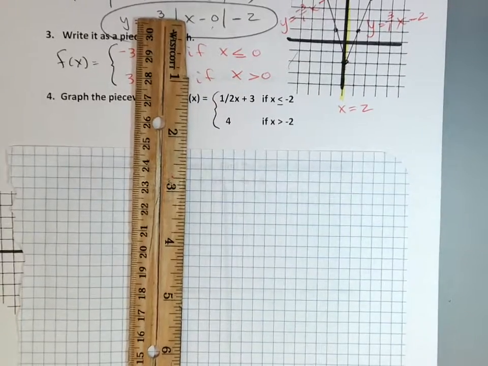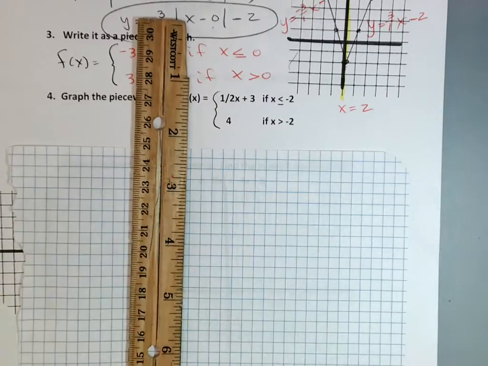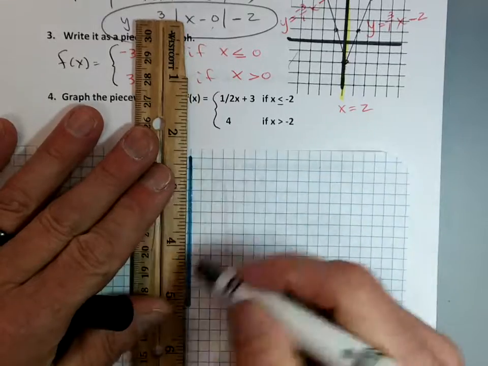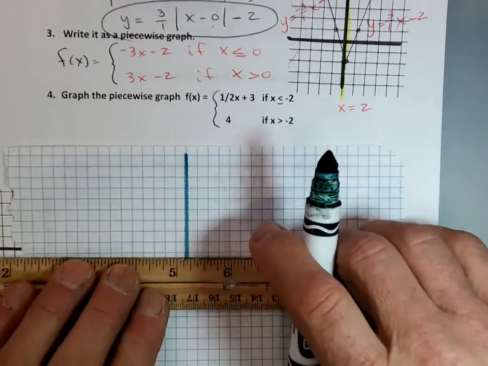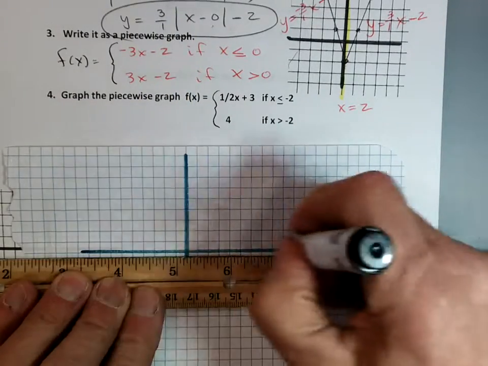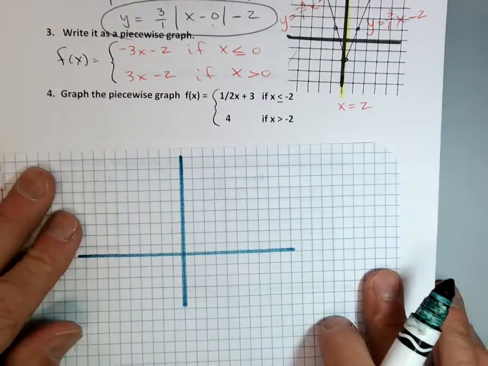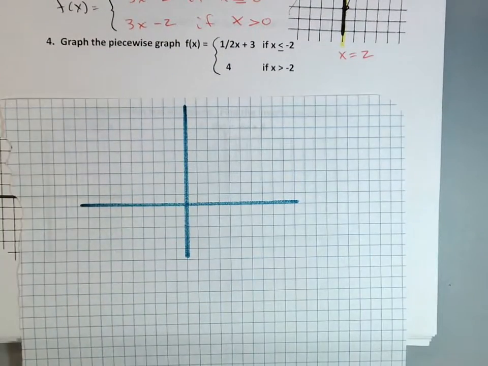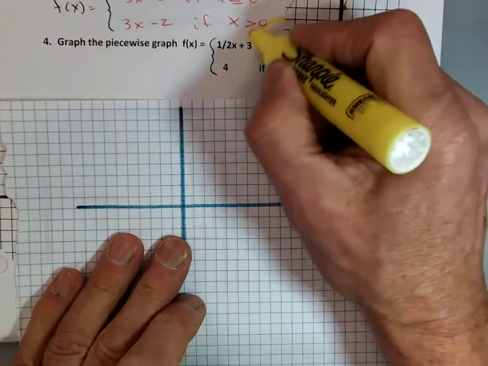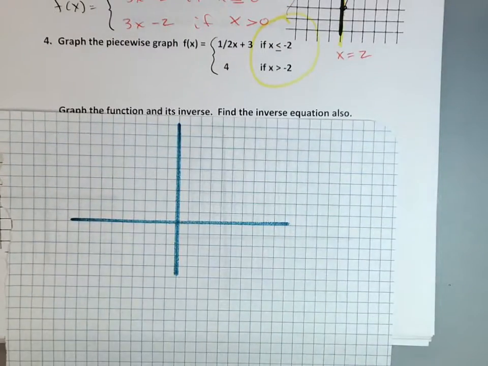I need a piecewise graph. I'm going to get my x and y axis in here. When I do these, I get my border points first. In this case, there's only one border line, at x equals -2.